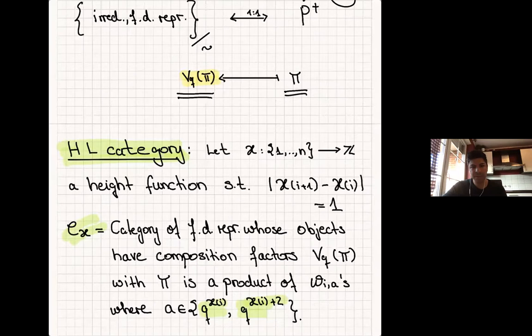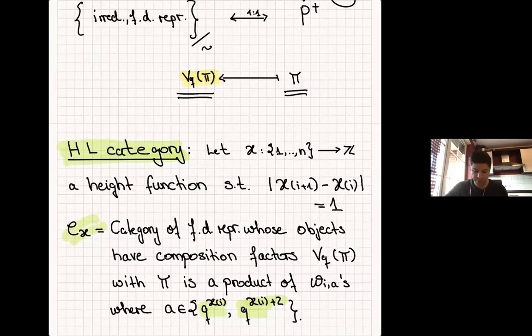Okay, so once you have fixed this height function, you can look at a certain subcategory of the category of all finite dimensional representations of the quantum affine algebra. Namely, you take all objects in that category such that when you look at the composition factors, so you can build the Jordan-Hölder series of this representation, then you want that the composition factors have a particular form.